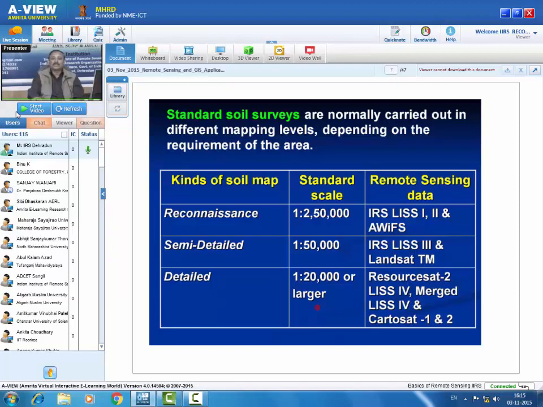So in this lecture I will discuss how you can prepare a soil map at 20,000 or 50,000 scale. The procedure is that first you select satellite data of the correct resolution, meaning higher resolution sensor data is required for detailed soil mapping, and medium resolution sensor data is required for 1:50,000 soil mapping.